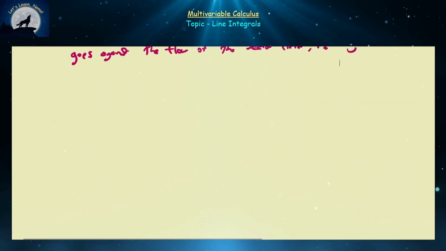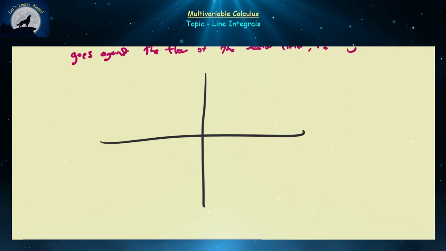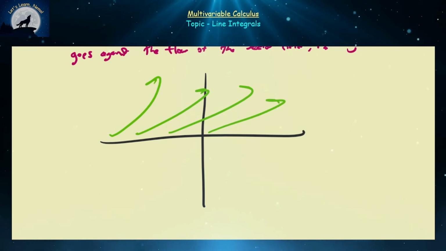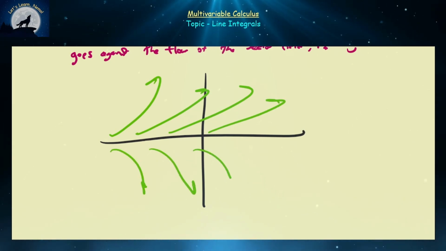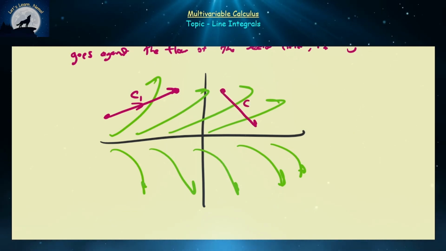So if I were to show you a couple other pictures, let's assume that we have some flow lines going up here, and then let's assume that you have some flow lines here, and then let's assume that we have some paths. So for example, let's assume that this is C1, and then this is, say, C2, and this is, for example, C3.